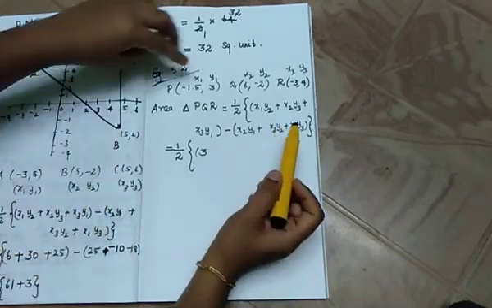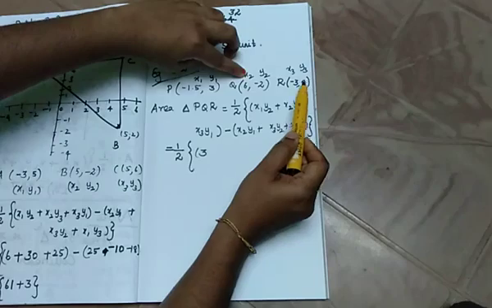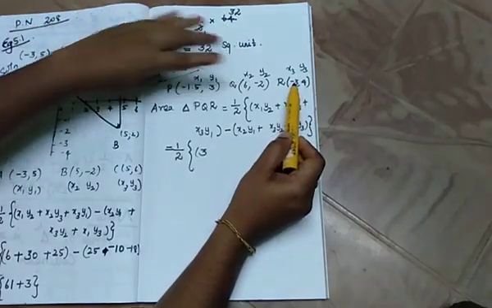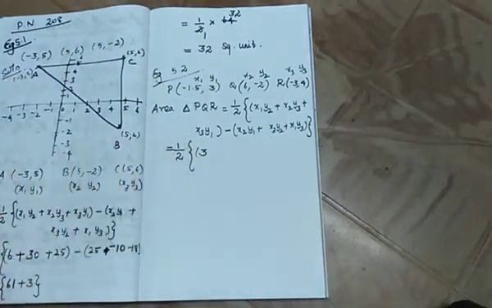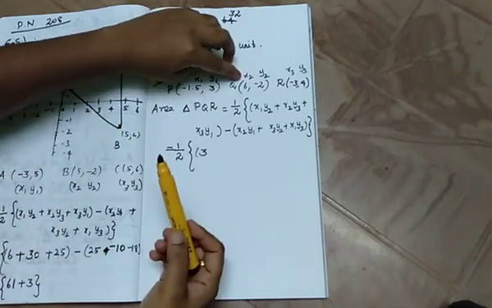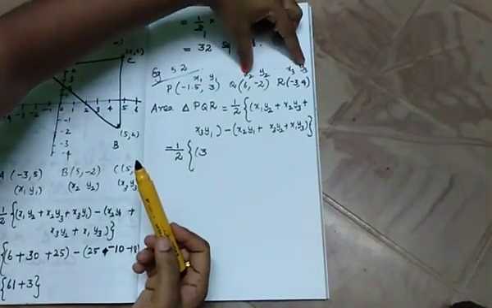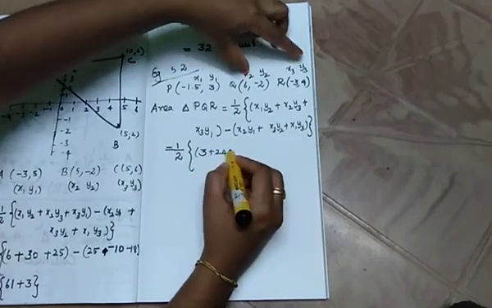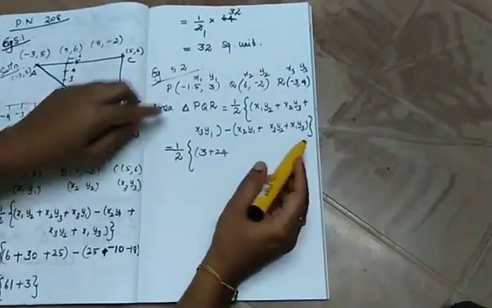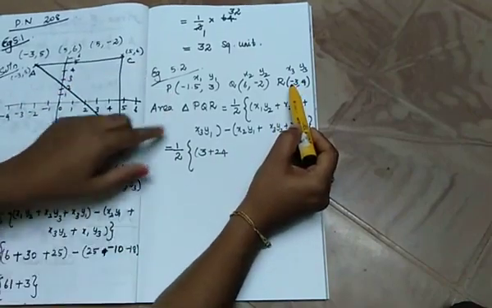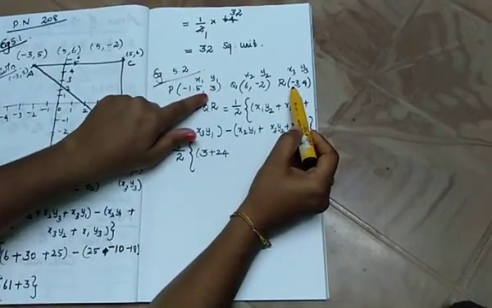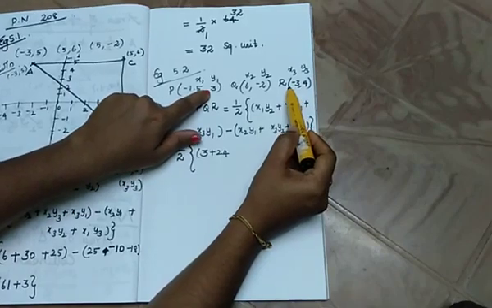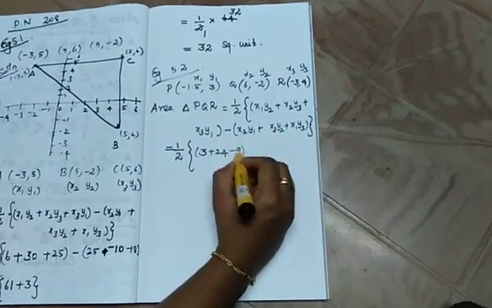Then x2 and y3, so 6 and 4. What we will get? Yeah, plus 24. Then x3 and y1. So what is minus 3 into 3? Yeah, minus 9.